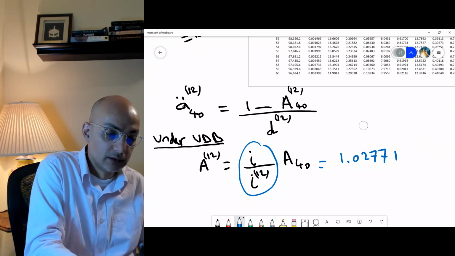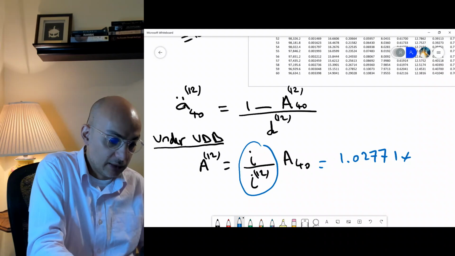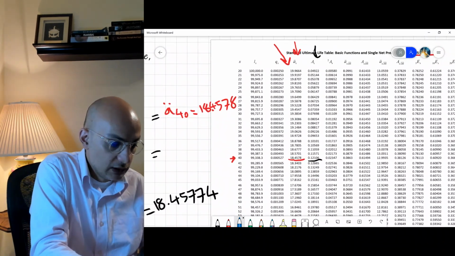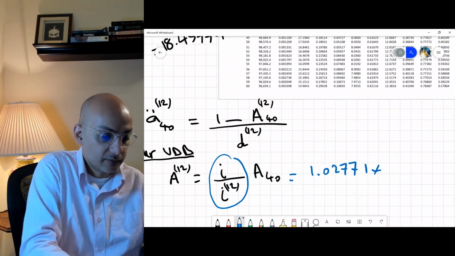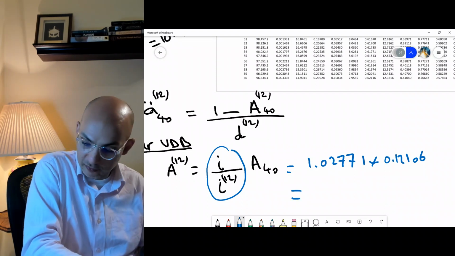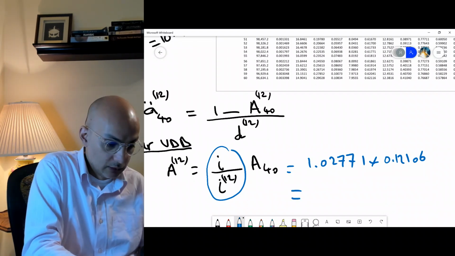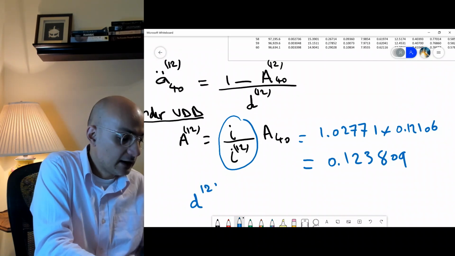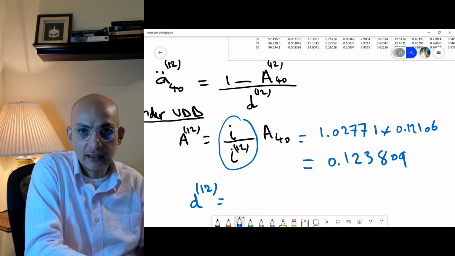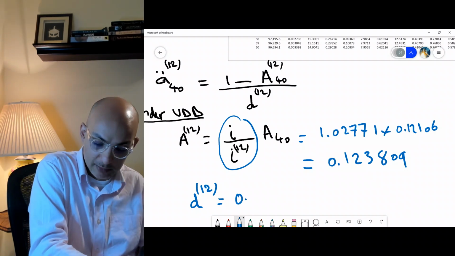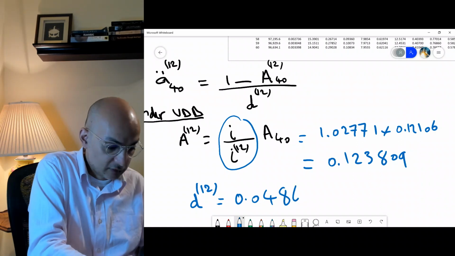It's simple. Multiplied by A40, we go to capital A40, which is 0.12106. If you calculate this one, this gives us 0.123809. Now d^(12), we already calculated last time. I don't want to calculate it again, it's just simply using the rule. When we calculated last time it was 0.04869.